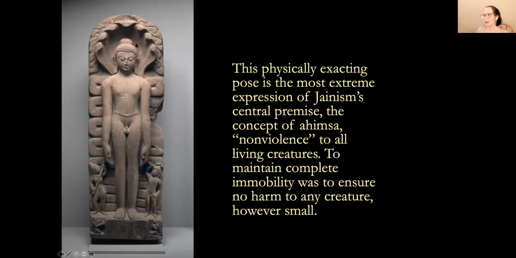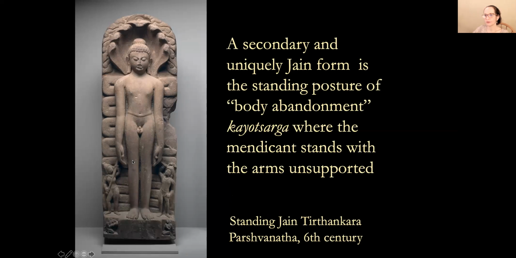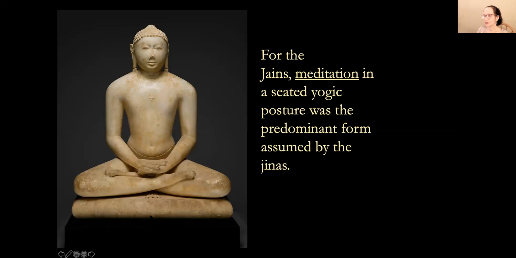Okay, so we left off discussing the two kinds of Jain sculptural forms. One is of discipline, detachment, and meditation. Go back to that video if you have questions about it.